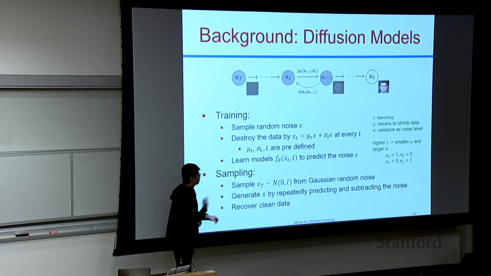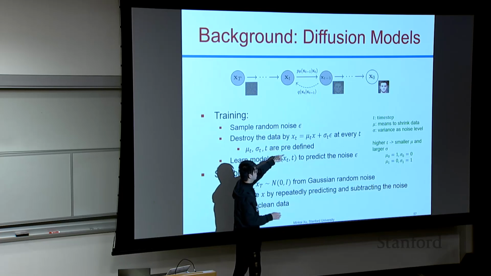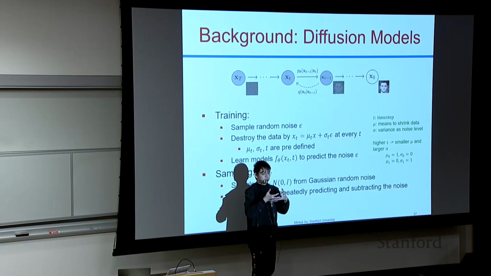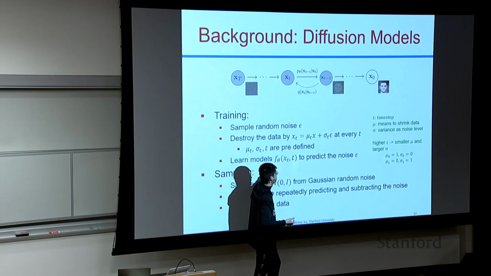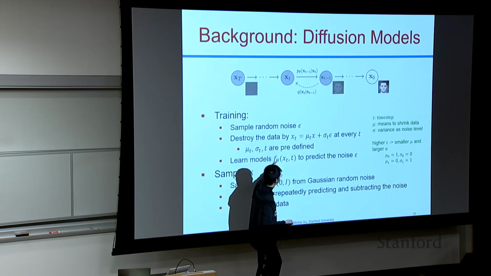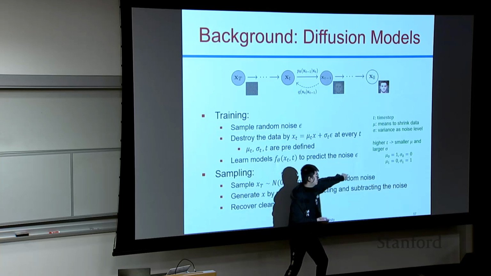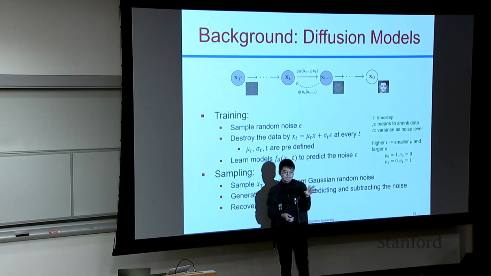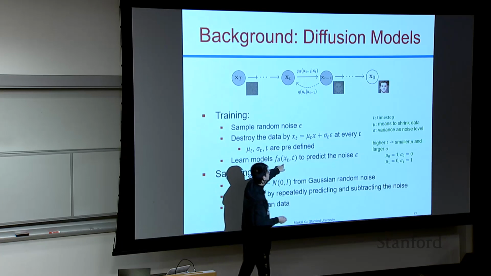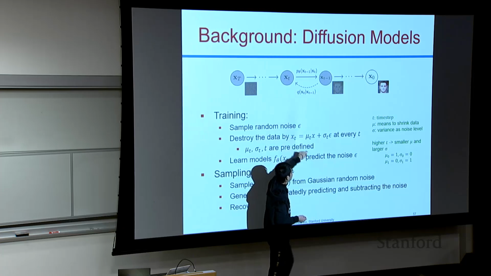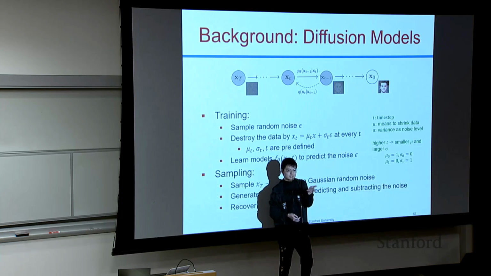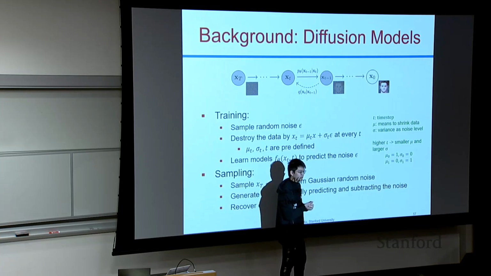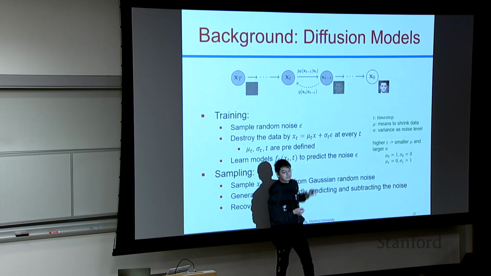And what we want to do is, every time we are given data, we perturb the data to some time step, and we put this noisy data and the time step into the neural network, and we hope our neural network learns how to predict the noise vector. If this can be learned very precisely, then since we know xt and epsilon, and mu t and sigma t are defined by us, we can recover the clean data.